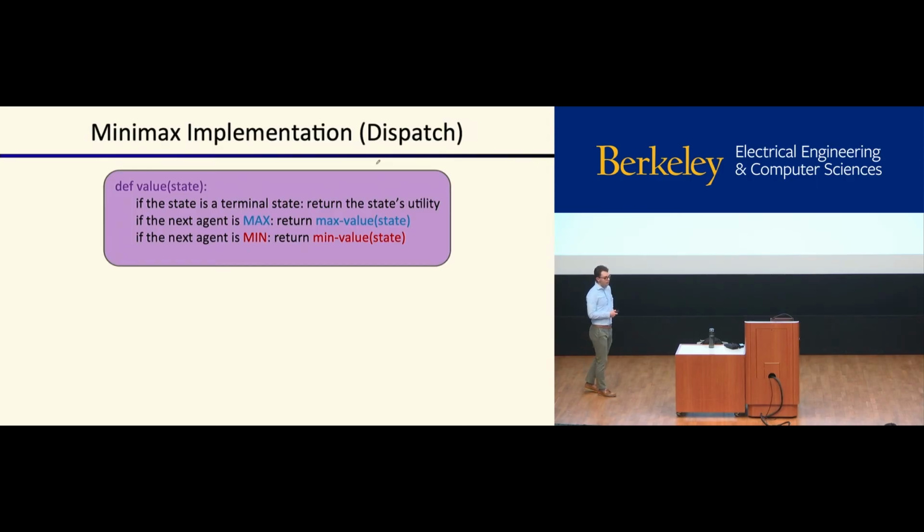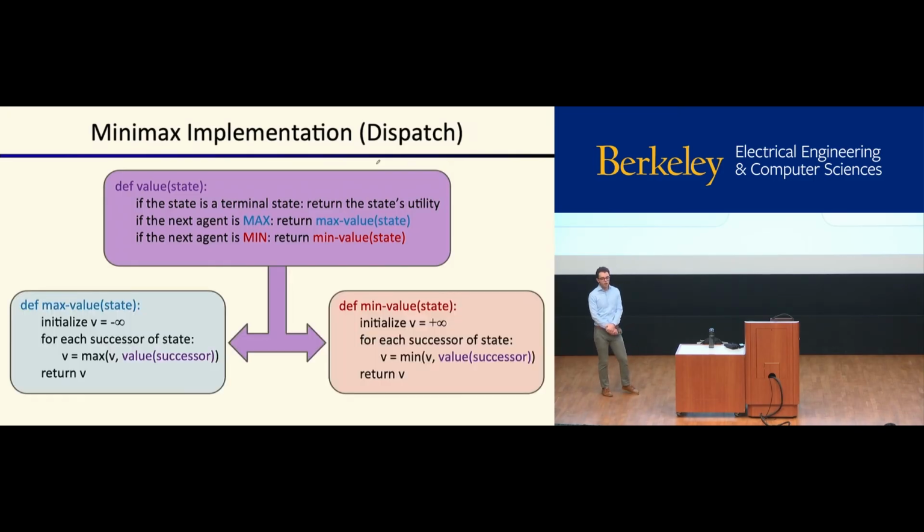If it's not a terminal state, it's either a max or a min state. For each case, you will call the appropriate subfunction, so you'll dispatch. Value will call max, which will call value, which will call min, which will call max, which will call value, and so on. So we're ping-ponging between these two. This is just another way that you could implement it if you prefer.